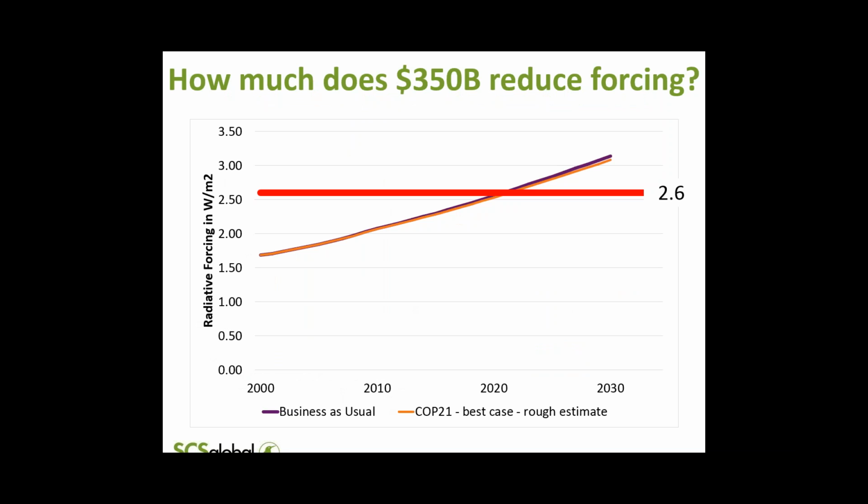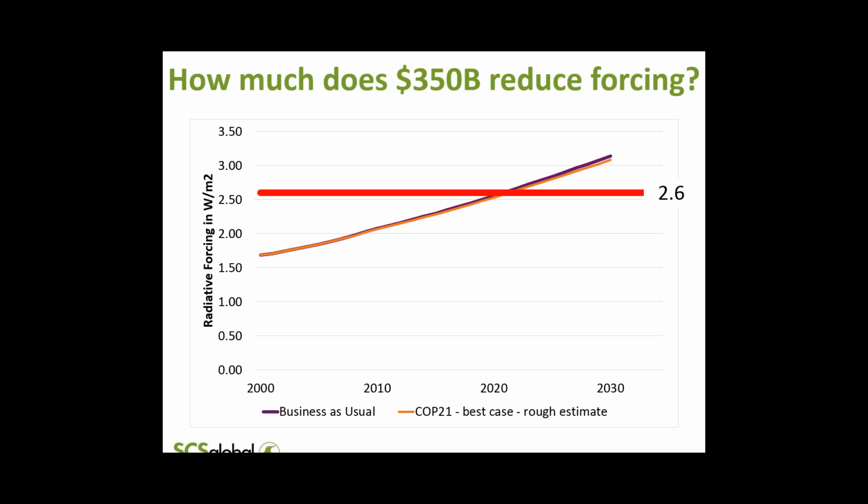Now, how much does this turn out to in terms of rate? A bit of numbers together to actually look at that. And what the chart shows is this radiative forcing over the same time period. And the business as usual, of course, is the purple line. And what this best case scenario is with this 5% emission reduction.